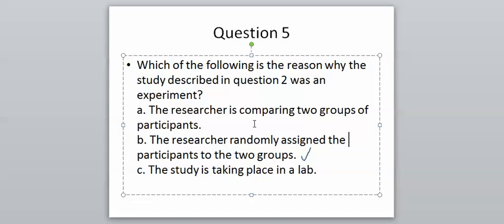And you can also compare groups of people in a non-experimental study, because you could do a study comparing men and women and that study wouldn't be an experiment. It's only an experiment if you randomly assign people to the groups.